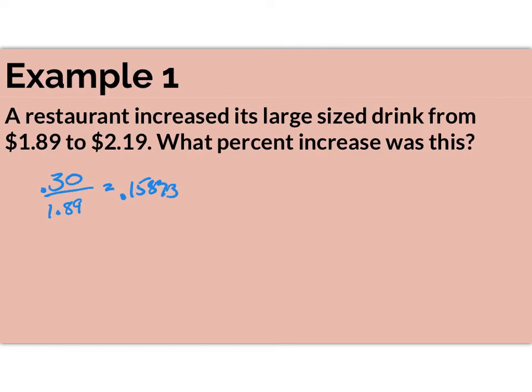And we're going to round to the hundredth place, and then multiply by 100 to make it a percent. So I would say 15.87%. So you can really round this up to a whole number, 16%. The large size drink increased roughly 16%.